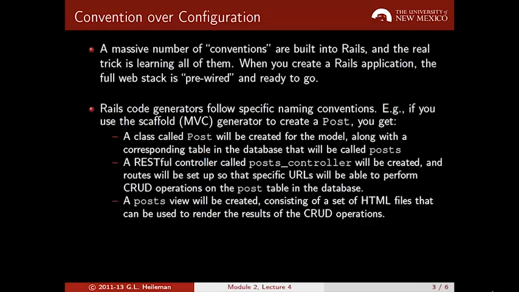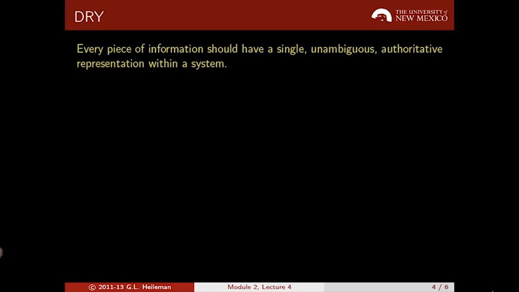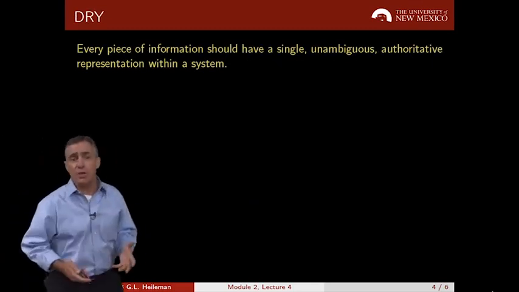So take a look and you'll see those under the views folder. And finally, a whole set of tests are provided for you automatically that are related to posts. So this is the notion of using code generators to build an application automatically that has all the pieces working together from the get-go.